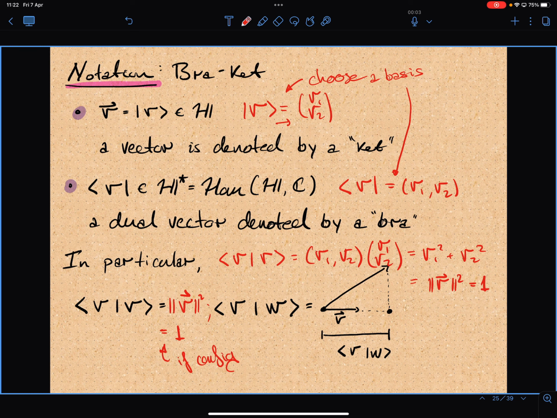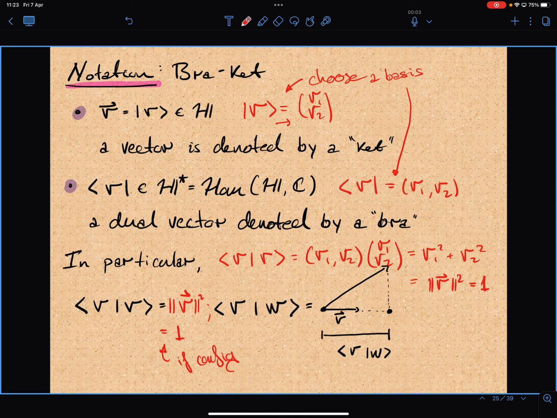So here we have that bras actually act on kets. You can compose a bra and a ket, and it's going to be an inner product. This is just a row vector times a column vector, which is what we are familiar with from linear algebra.